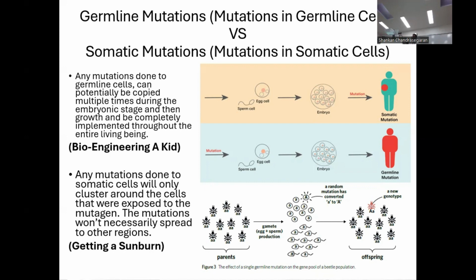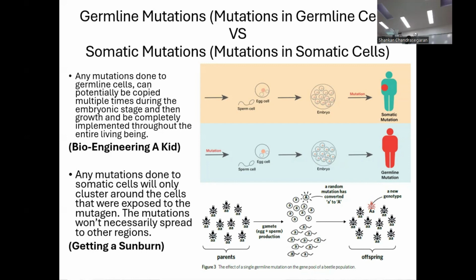But if you, let's say, get some kind of mutation happening to your reproductive cells, like your sperm or your ovum, there is a chance that mutation gets passed on and your kids will have that mutation emerge throughout their entire body. So that is how you should think about a germline mutation versus a somatic mutation.